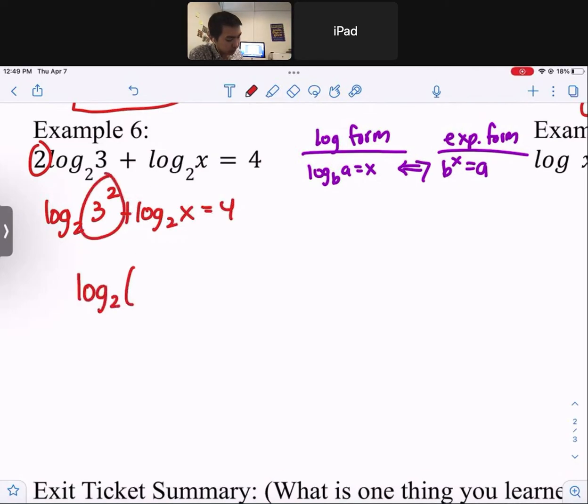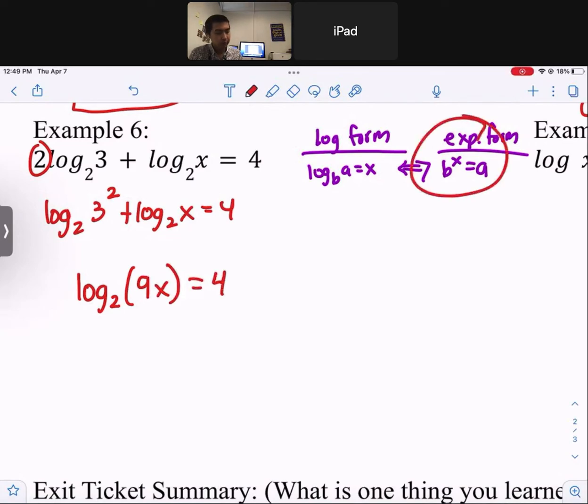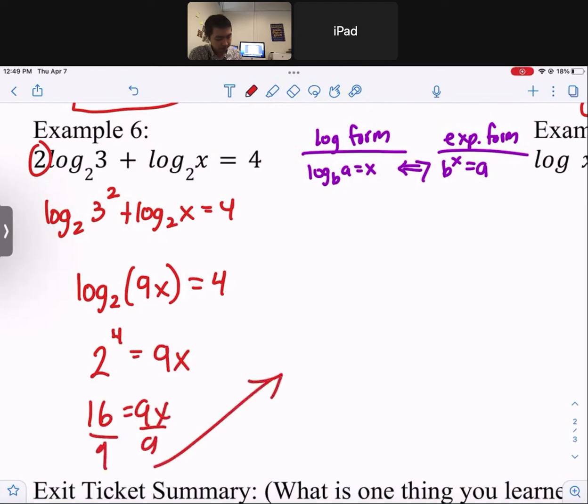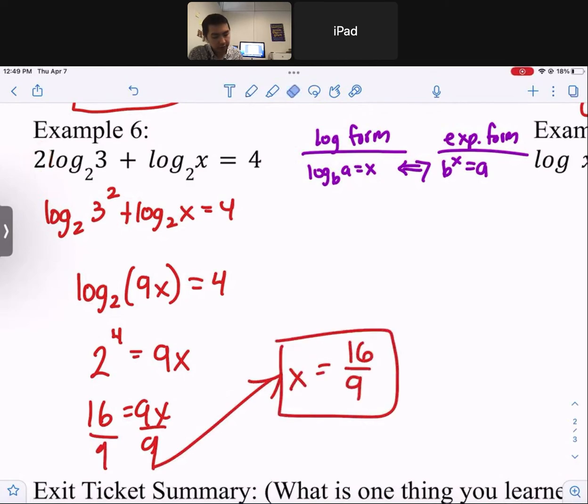So it's 3 squared times x, 3 to the second is 9, so it's 9x equals 4, and then change it to exponential form. Base of 2 raised to the 4th power equals 9x. 16 equals 9x, divide both by 9. x is equal to 16 over 9. And that is the answer, because when you plug x equals 16 over 9 into there, that's going to give you a positive value.